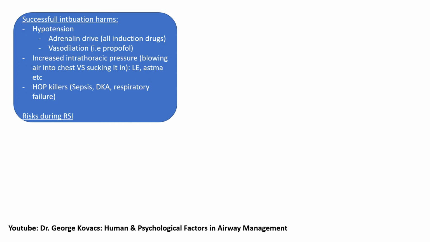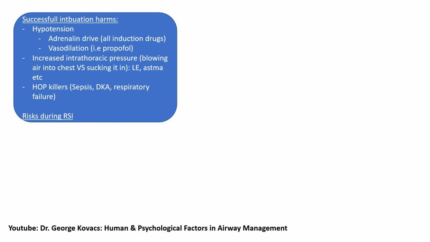I just mentioned some of them here, but there's lots more. This is not a textbook explanation. This is more of a pragmatic explanation. But so you always have hypotension. Hypotension goes along with your induction agents. When we say induction agents, we mean the drug that we push to make the patient sleep, so that we can put a laryngoscope in and a tube into their airway.